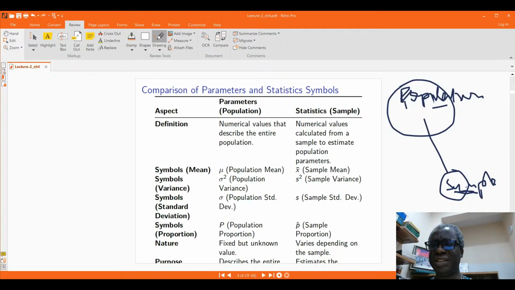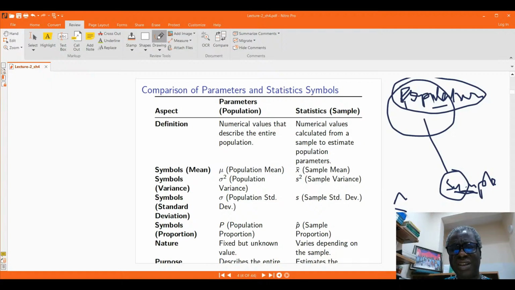The hat there simply indicates an estimate. So generally, population values are fixed and they are not usually known.